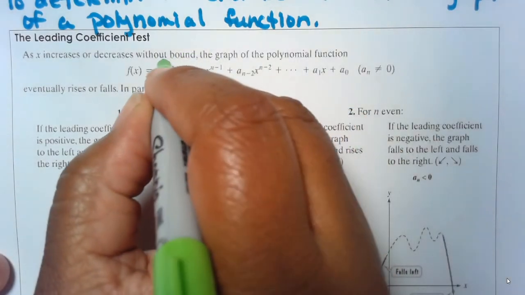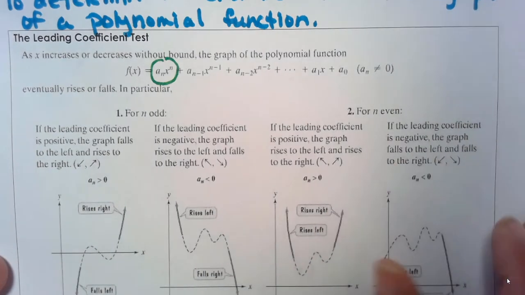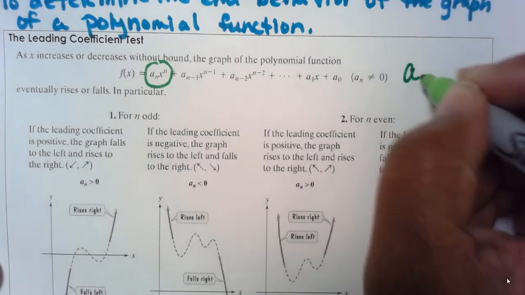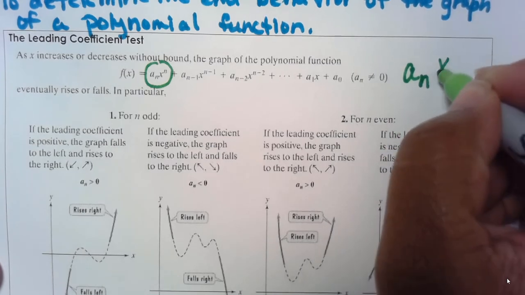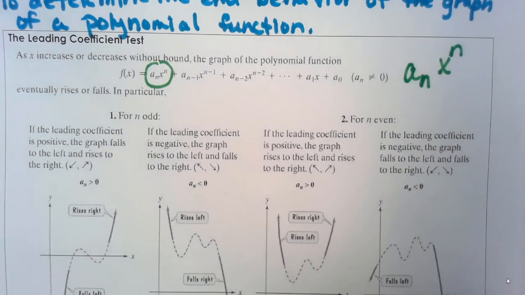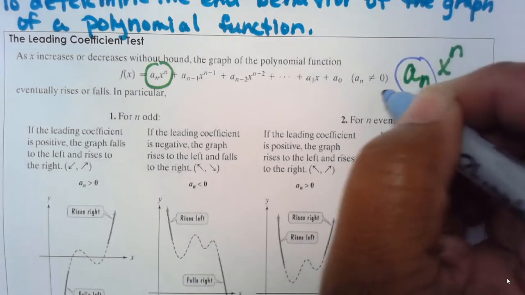So here, this is our formal definition for a polynomial function. We're going to look at this a sub n times x to the n power, where a sub n, the subscript of n, is our leading coefficient. This is our leading coefficient.